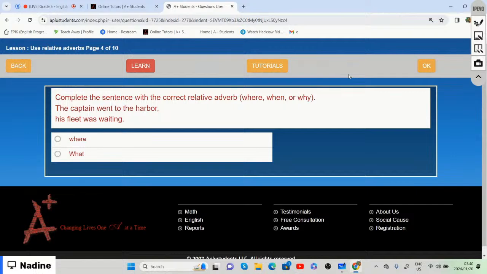We need to choose the correct one. All right, so we said the captain went to the harbor where his fleet was waiting.